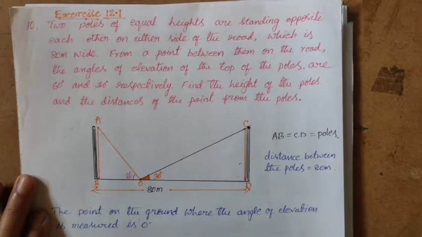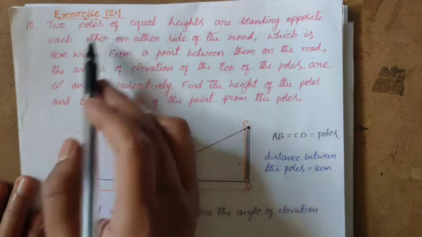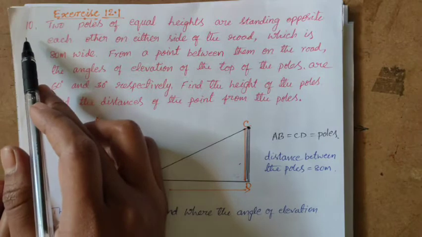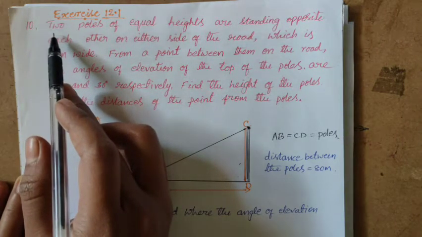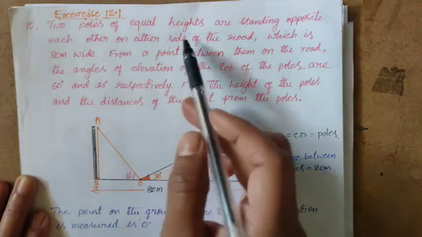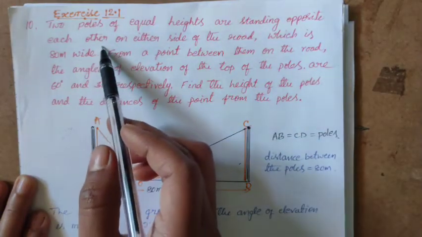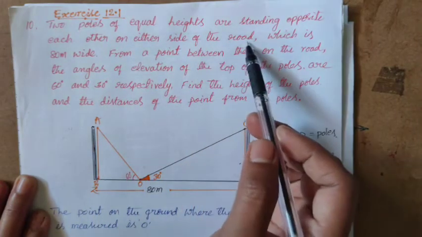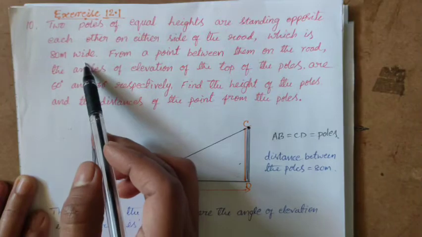Students, let me start the next question of exercise 12.1, that is the 10th. The 10th question is: two poles of equal heights are standing opposite each other on either side of the road, which is 80 meter wide.